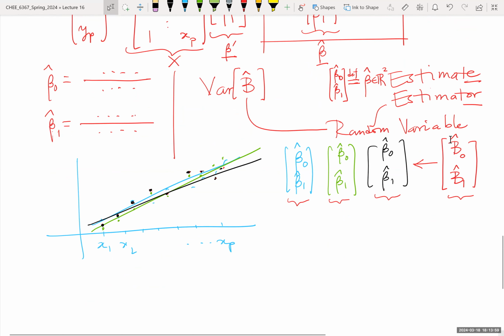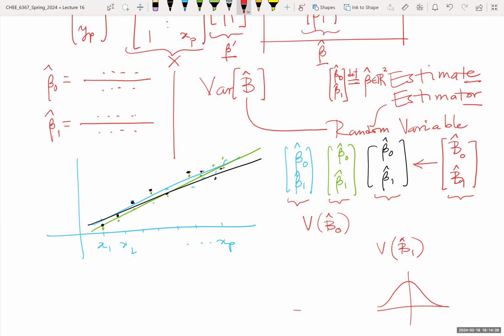One way to understand the spread of this beta 0 hat is by taking the variance of beta 0 hat, right? That gives me the spread of a random variable. You know this from your undergraduate statistics. And the same thing for beta hat 1. I can get, let me just use V, you understand, this is variance. The variance of beta hat 1, that gives me the spread. If I may write distributions, this is the distribution for the second one, this is the distribution for the first one, right?